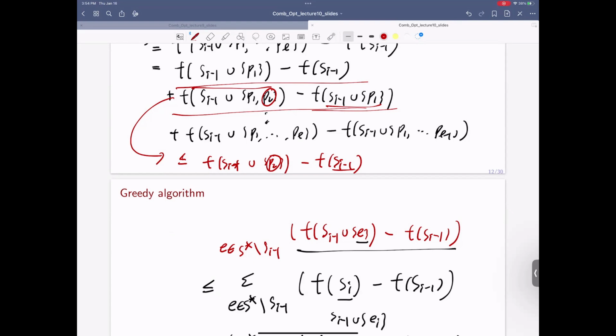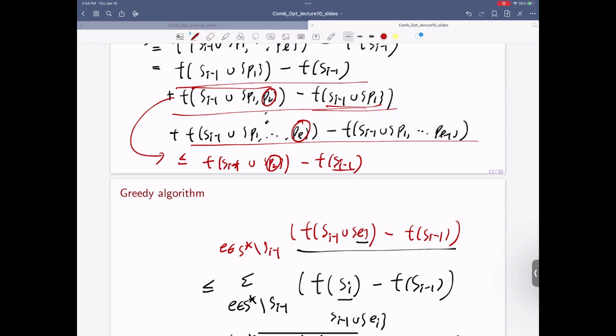And you look at this thing, PL is the only difference. So I'm measuring the marginal return of adding the element PL to the subset S(i-1), P1 up to P(l-1).